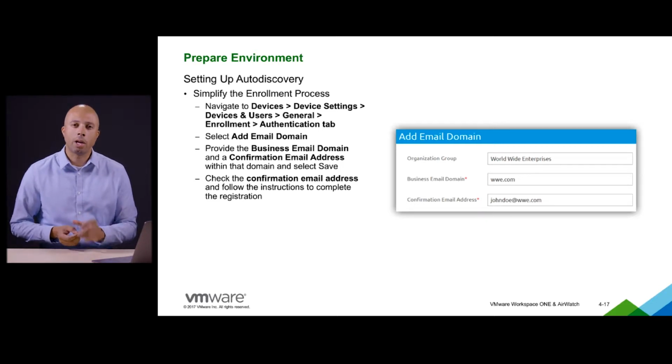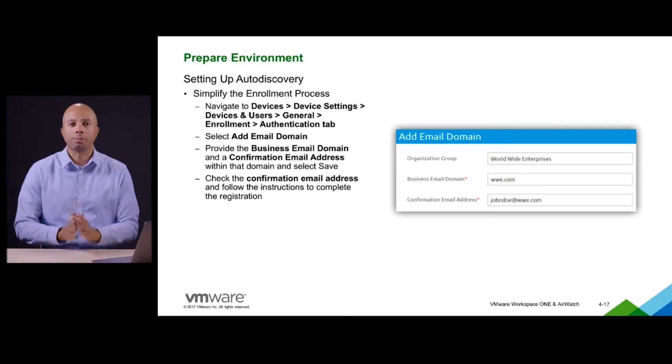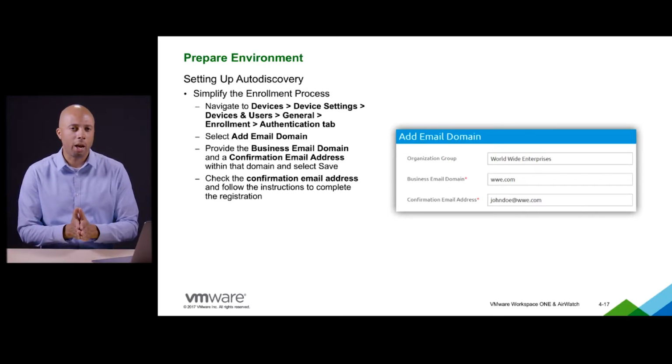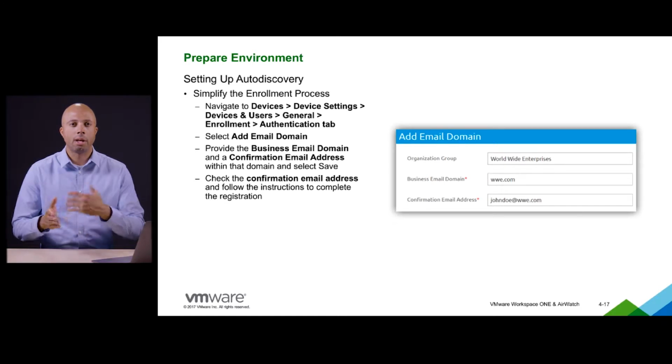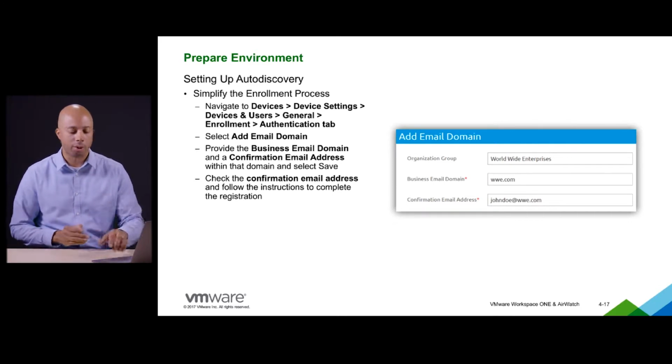That administrator then checks their email, and there will be an authentication link in there for you to prove that you actually are the owner of that domain. After that, it's tied to your AirWatch environment. You can only tie that domain to one AirWatch environment, and then all of your end users will be able to enroll their devices, just so they can get a device into the AirWatch environment using an email address.